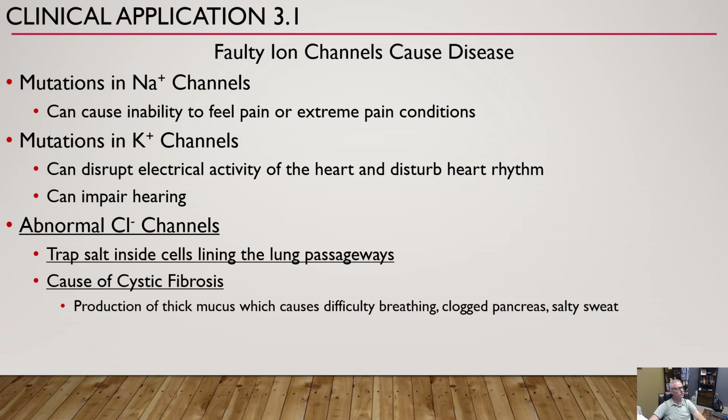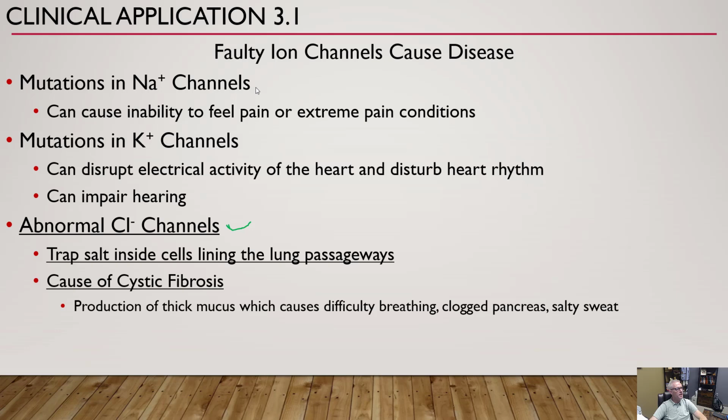All right, so we talked a little bit about some faulty channel diseases last chapter. With abnormal chloride channels in cystic fibrosis, the abnormal chloride traps salt inside, which leads to pulling in sodium, and wherever sodium goes, water follows inside the lung passageways, and we have to do that chest percussion to get rid of all of that gunk.